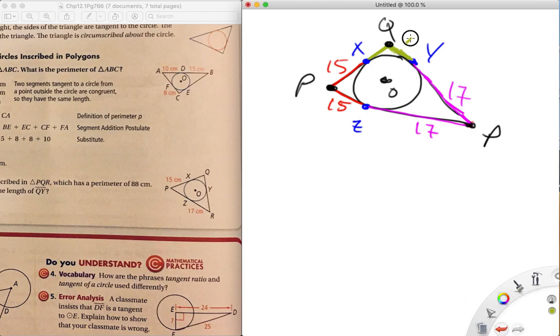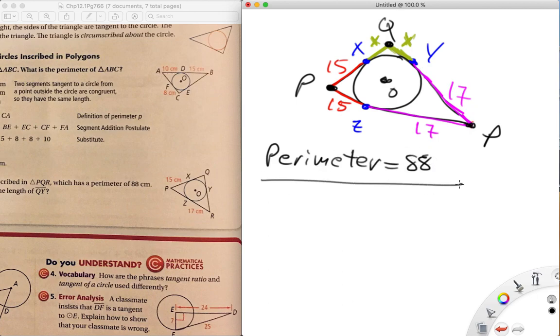XQ and YQ are the same distance, so I'm going to call it x. I do know that if I add all of this together, they tell me that the perimeter is 88. So if I add all of these up, I get 88.